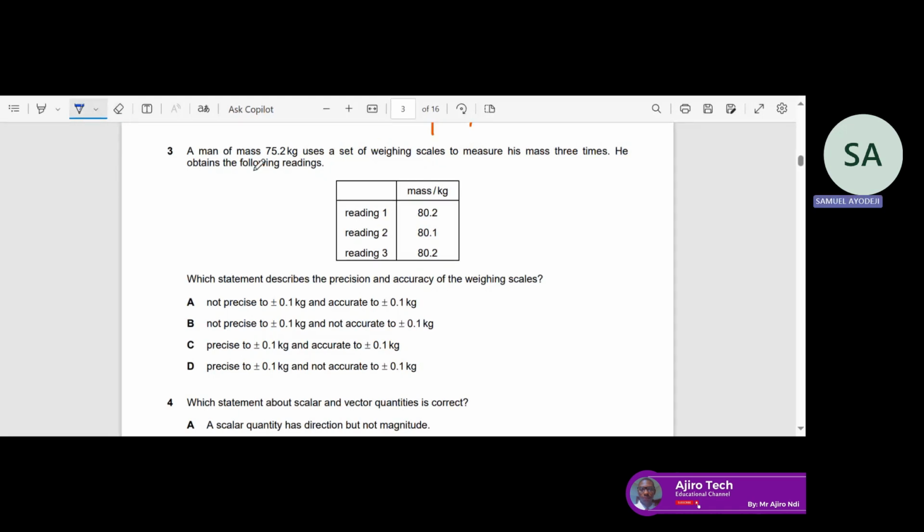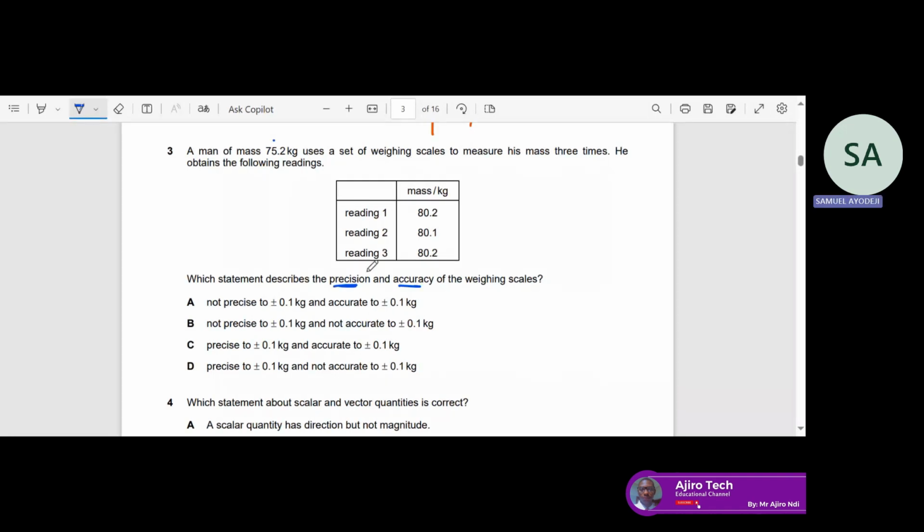For number 3, a mass of 72.75. A weighing scale is used to measure the mass 3 times. This is the actual value now. You are measuring 3 times. What statement describes the precision and accuracy?